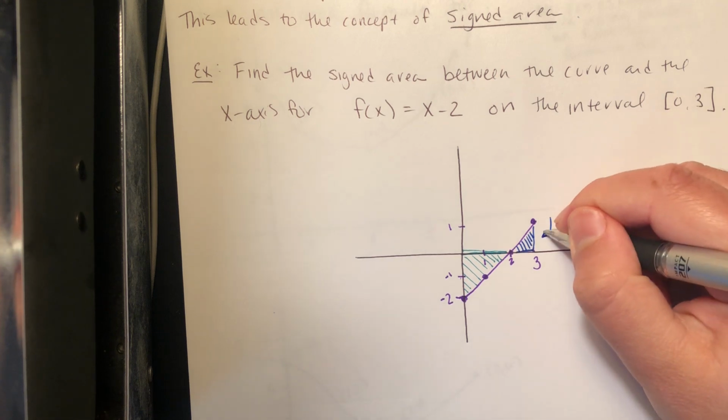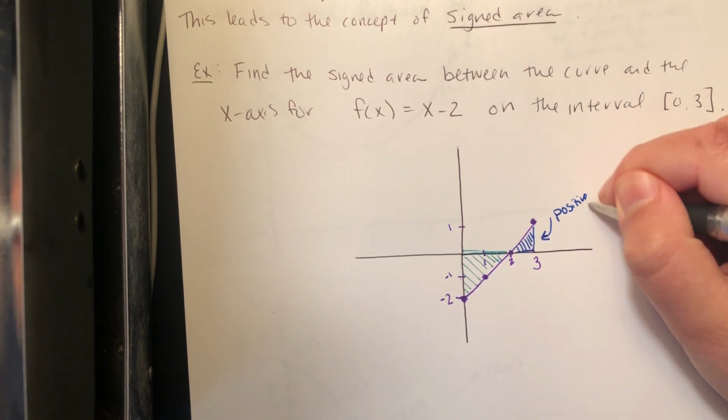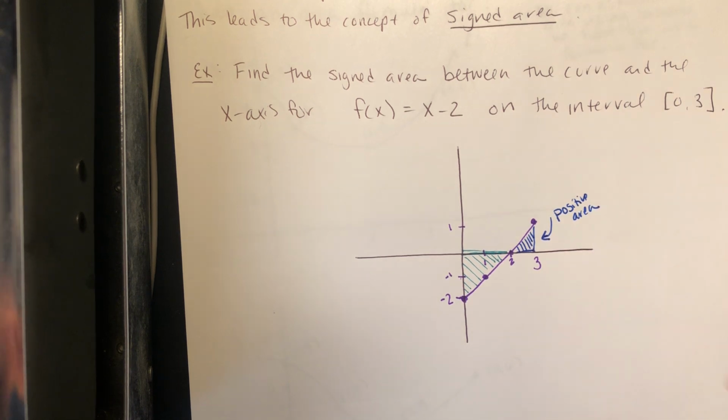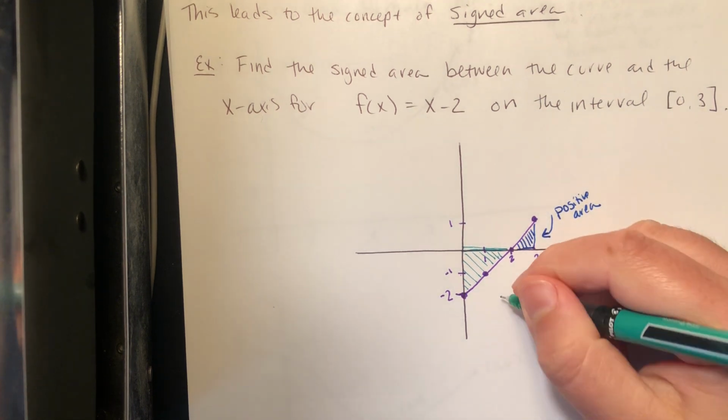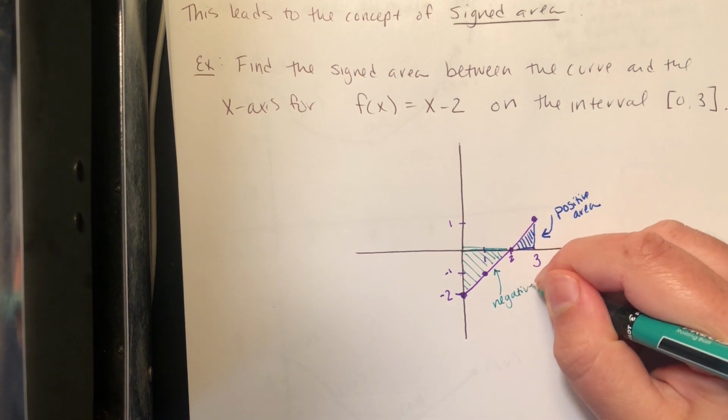Right, so this part here, because it's above the x-axis, is going to contribute positive area, and this part below the x-axis, this shaded region here, is going to give you negative area.